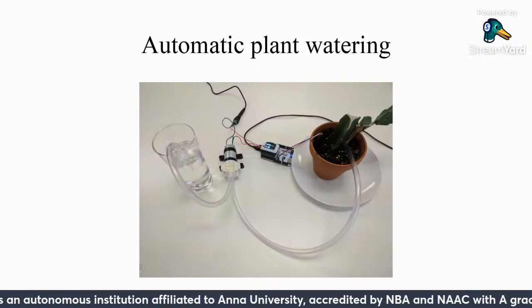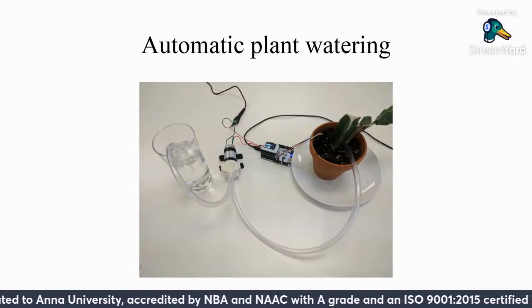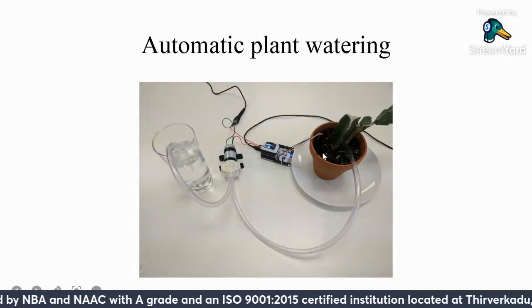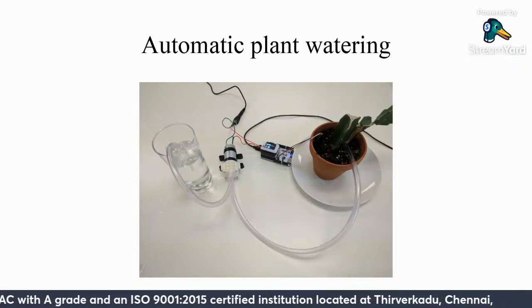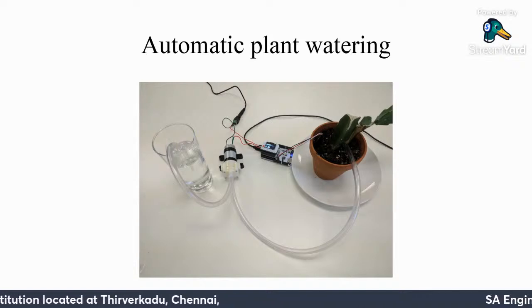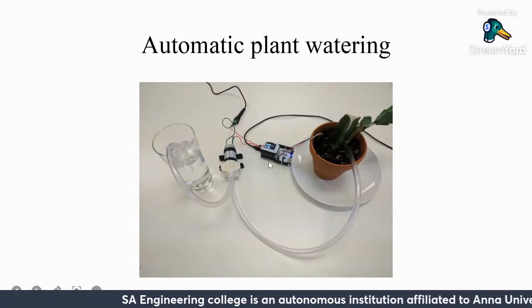And next, coming to the automatic plant watering system, as before, we are using a moisture sensor here. By using the moisture sensor we are sensing the moisture content of the soil, whether the soil is in a dry state, wet state or semi-solid state, like that. We are getting the real-time data of the soil, and we are giving that as an input to our microcontroller.